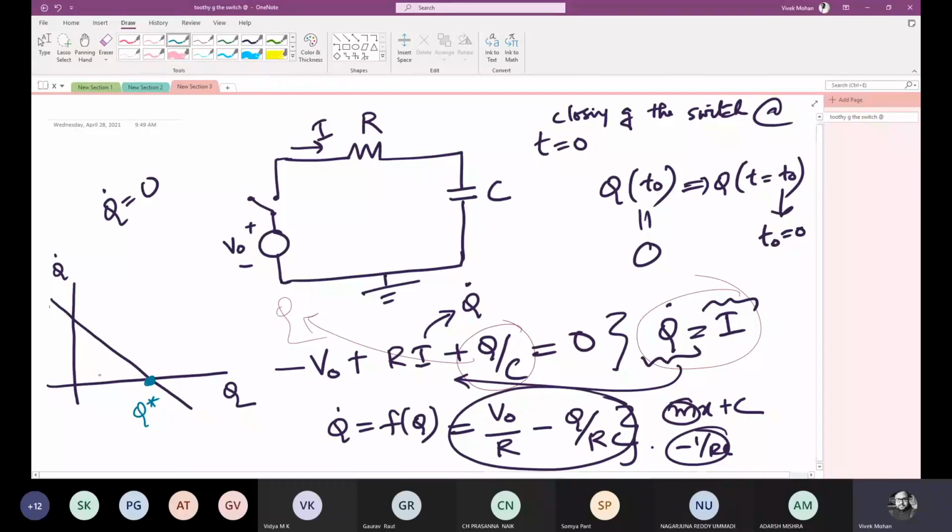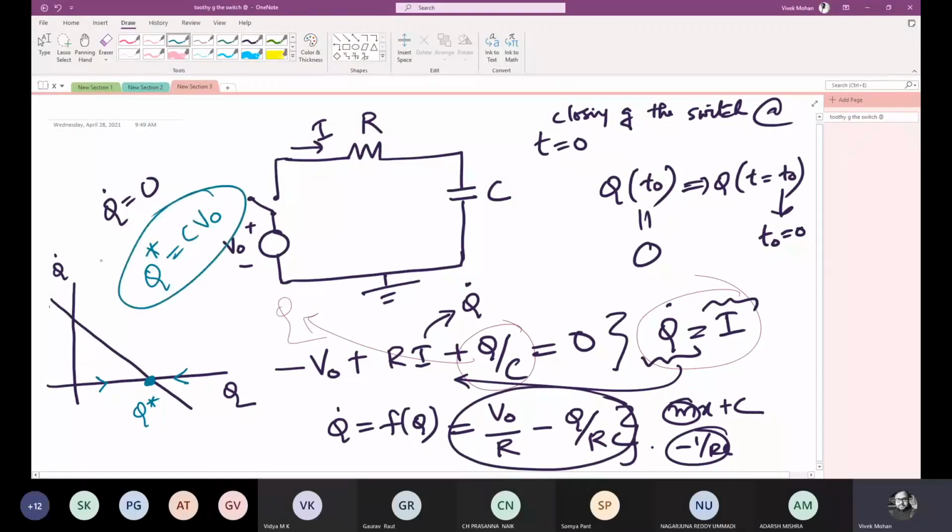Here you have q dot as positive in this region, so the arrow is to the right. Here you have q dot as negative, so the arrow is towards the left. So this is a stable fixed point, and this happens at q star equals CV naught.